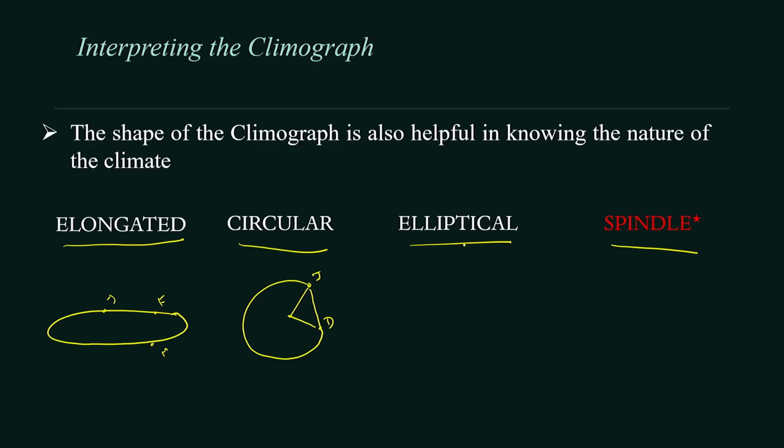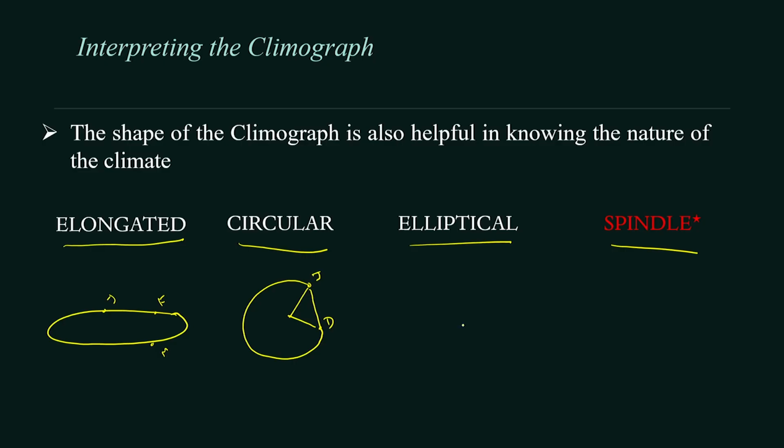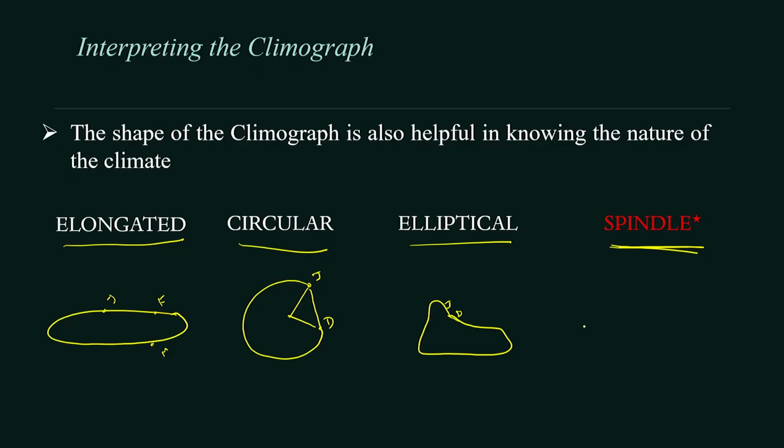Then elliptical in this graph will not be the perfect elliptical shape, but it will look somewhat like this. Imagine this is your January and December, you will join them together, and somewhat it looks like this. Spindle is the most common shape that we get when we plot the values in the climograph of Taylor. For example, the shape somewhat looks like this.